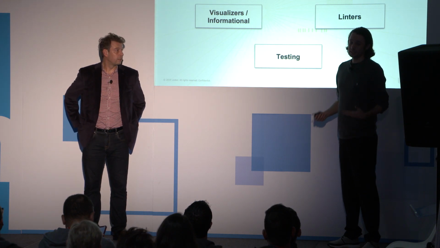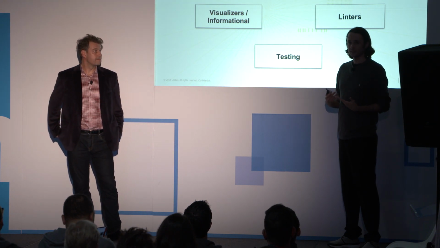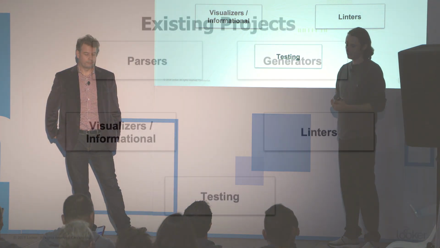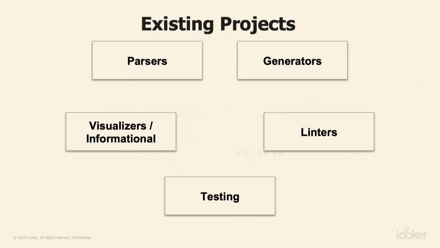So one way to contribute is by contributing to an existing project, and we really encourage everyone to try to get involved. For example, both of the parsers that I covered could really use help with better handling of comments or white space. Or the generators. There are a lot of generators that are use case specific, like the EAV one, for example, or the JSON to LookML one, that perhaps almost handle your use case.